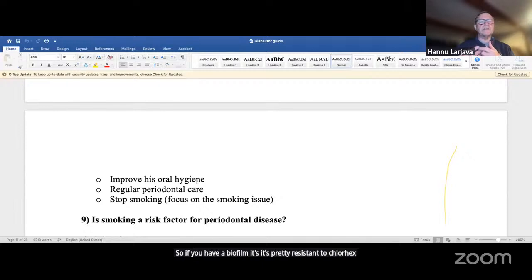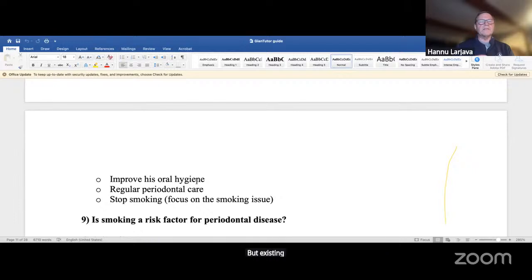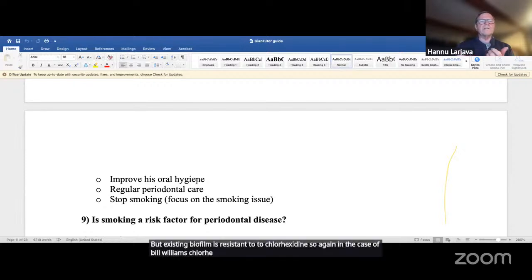So if you have a biofilm, it's pretty resistant to chlorhexidine. It's still so common, and that's why I'm trying to emphasize it for general dentists, that patients come to their office and they just give them a bottle of chlorhexidine and think that will solve the problem. But existing biofilm is resistant to chlorhexidine. So in the case of Bill Williams, chlorhexidine would not do anything unless you first get an improvement in oral hygiene levels.